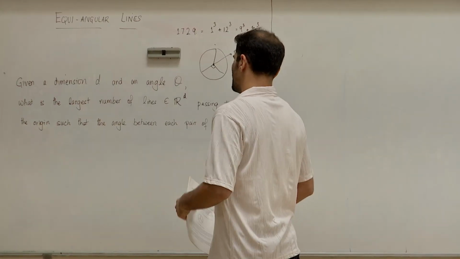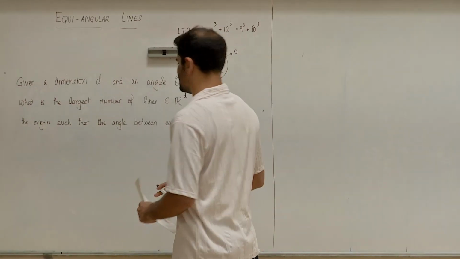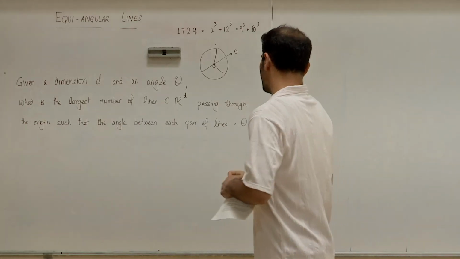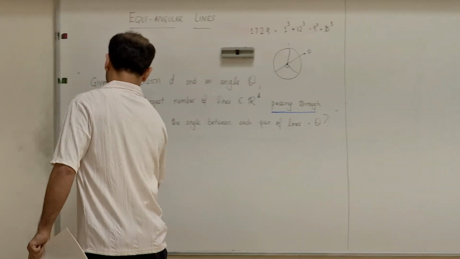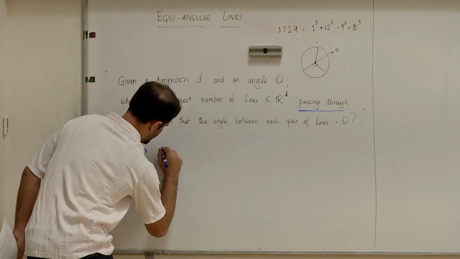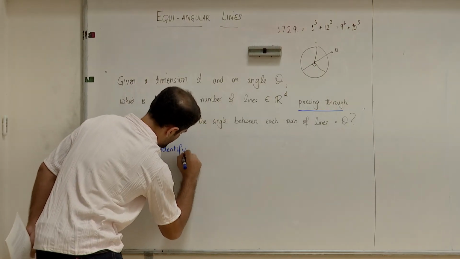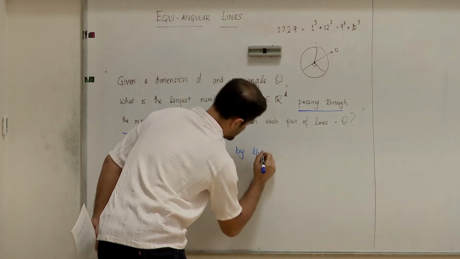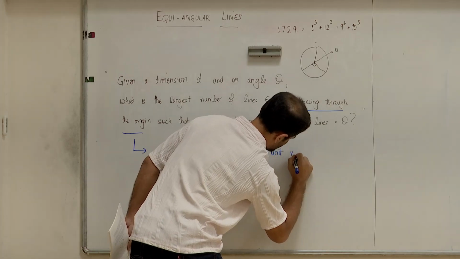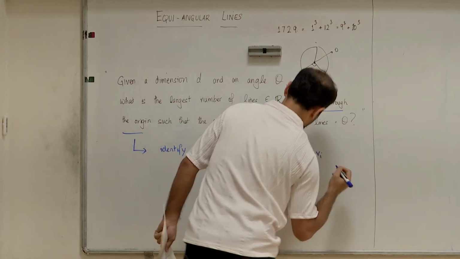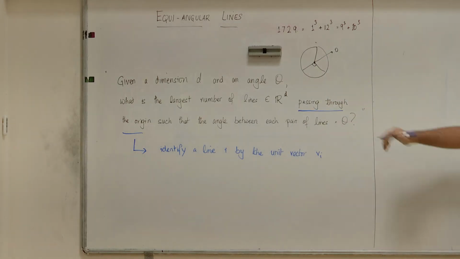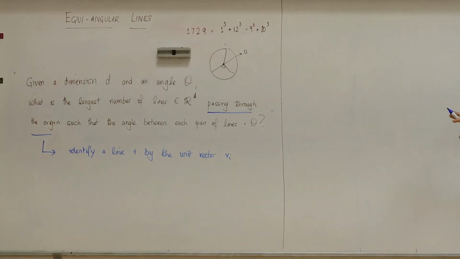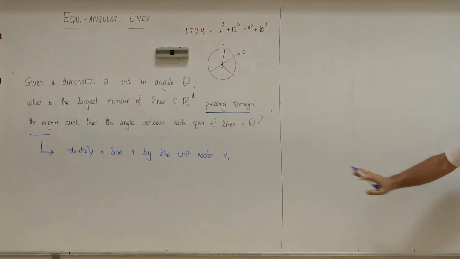The first thing I want to do is, because all of these lines are passing through the origin, I can identify a line i by the unit vector Vi. The unit vector is just a vector of length 1 that is on that line. And because it goes through the origin, it is a one-to-one correspondence. Every line has a vector, every vector is a line.